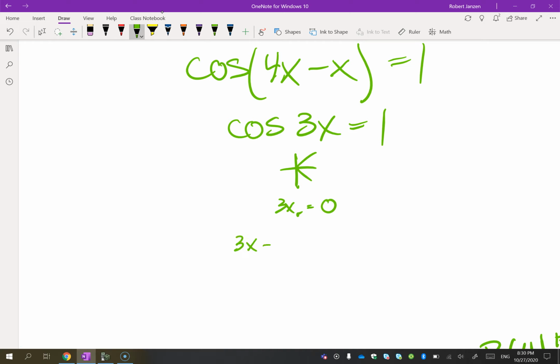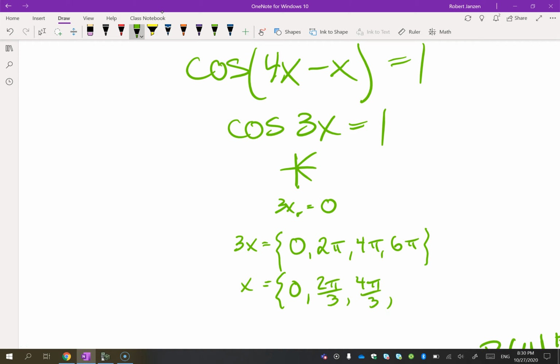So what is 3x? It's going to be 0, and we'll go around once, twice, 3 times. And if we divide by 3, you're going to have 0, 2 pi over 3, 4 pi over 3, and 2 pi.